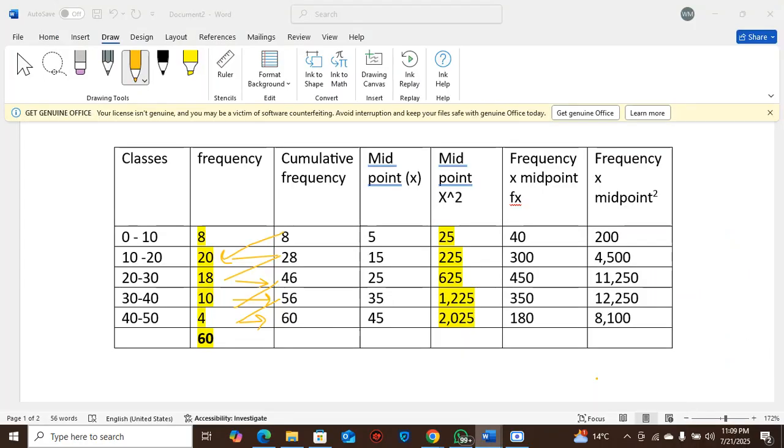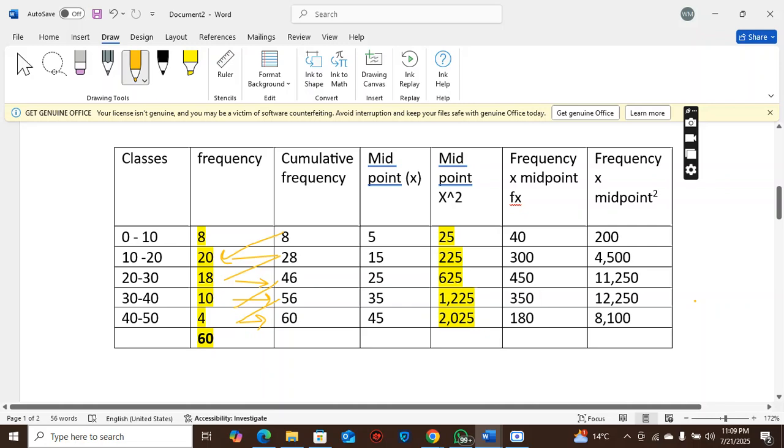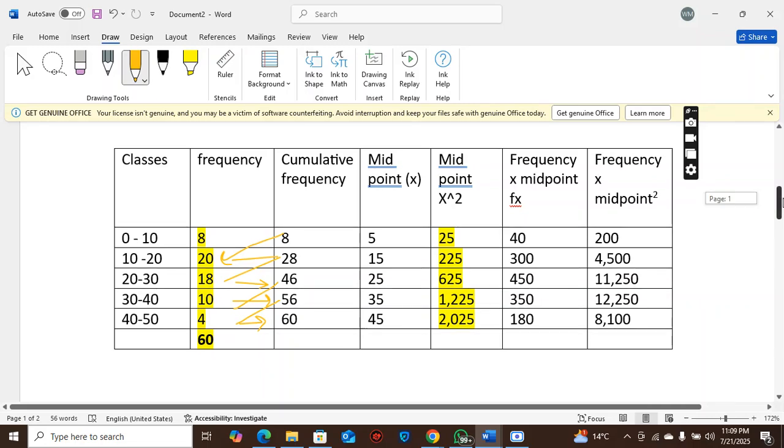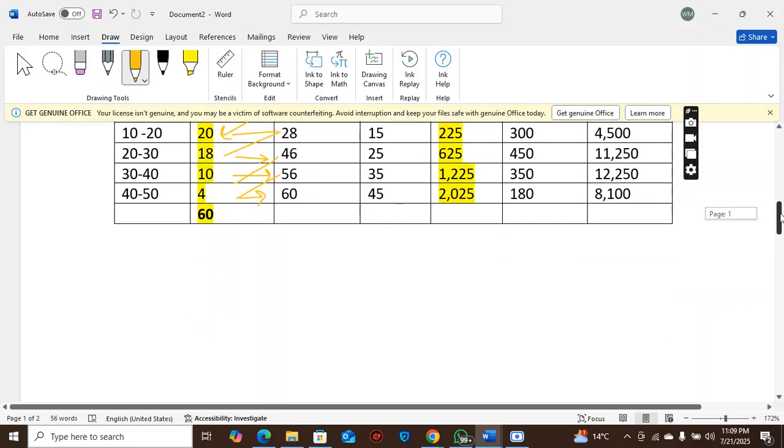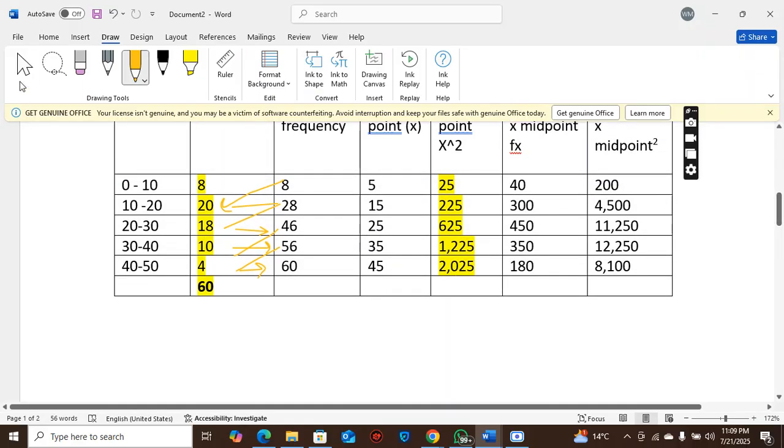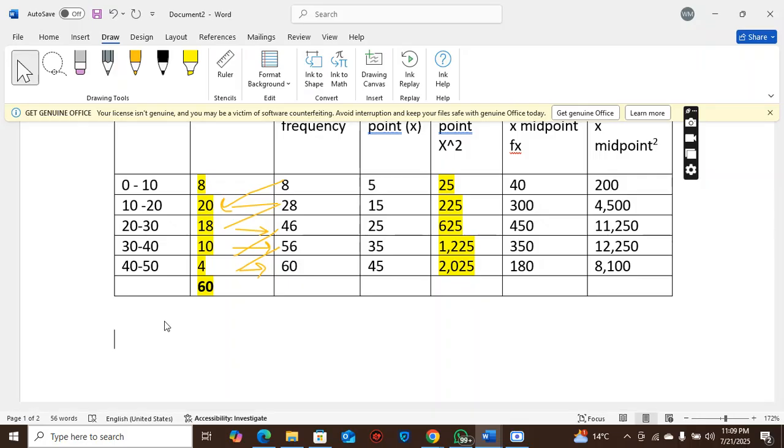All right. So now, once you are done with this table, you can do your tabulations. So we start with the mean. What is the mean salary? First, tell me what formula am I supposed to write down?